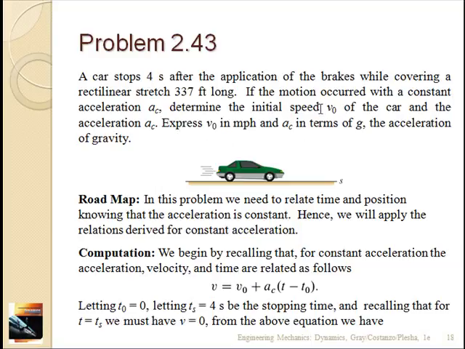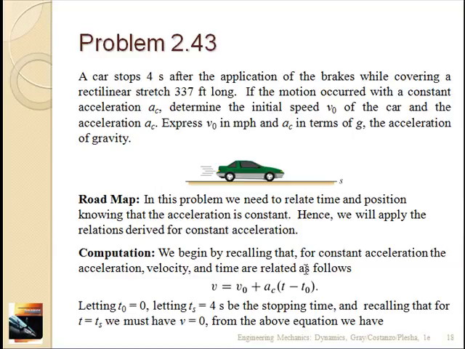We want to express the initial speed in miles per hour and the acceleration in terms of g, so in terms of the acceleration of gravity. So if the acceleration is 2g, then it's accelerating at twice the acceleration due to gravity.